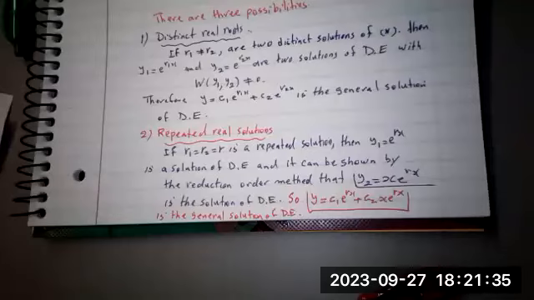So you get only one solution, but the order is 3. So you need 3 solutions: e to the rx, x e to the rx, you multiply by x again, x squared e to the rx. You get 1, 2, 3. If you want the 4th, you can do it. So easily we can get all of them. So that would be the second case. Any question?